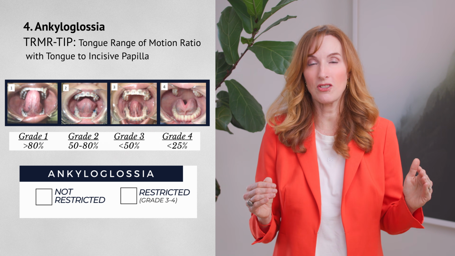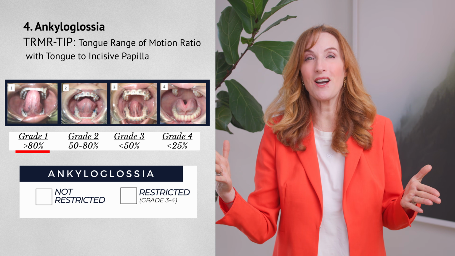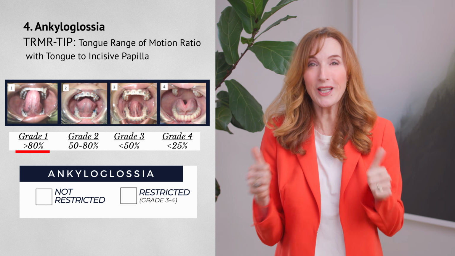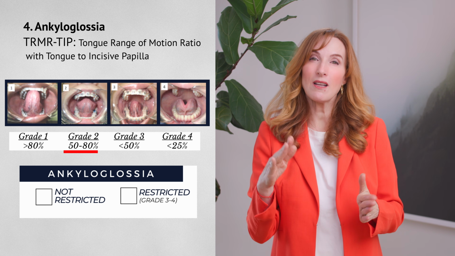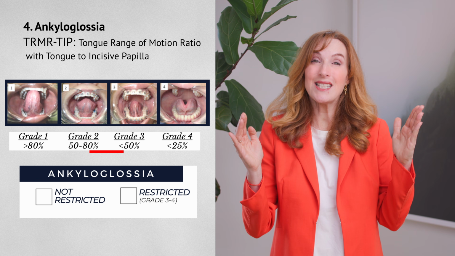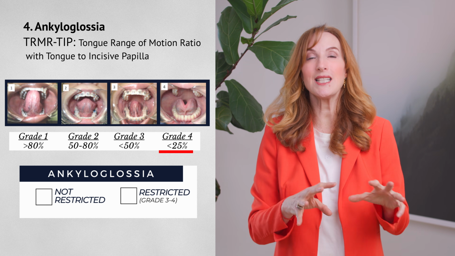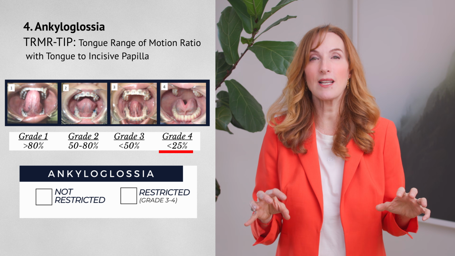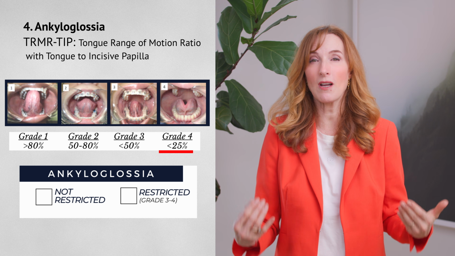What is the percentage? If it's grade 1, you have above 80% of range of motion. That's really good. Grade 2, less range of motion. Grade 3, significantly less, and grade 4 is severe. So you can really see by these images and percentages what that numerical value is showing in terms of tongue restriction.